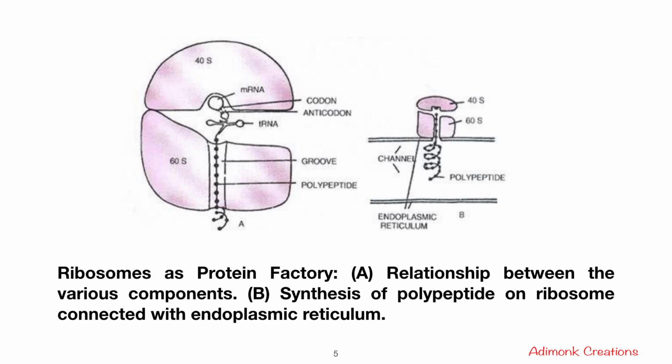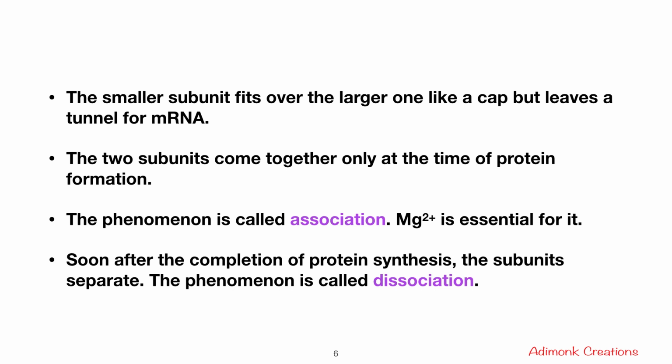In figure A we can see the relationship between the various components, and in figure B we can see the synthesis of polypeptide on ribosomes, which is connected with the endoplasmic reticulum. Further, the smaller subunit fits over the larger one like a cap but leaves a tunnel for mRNA.